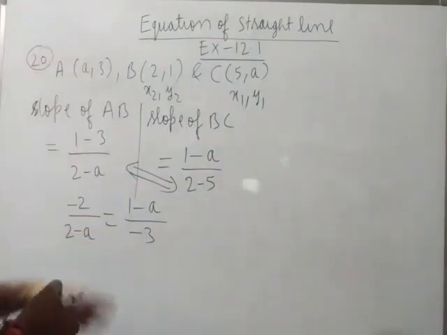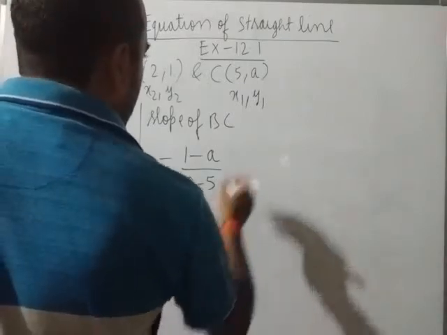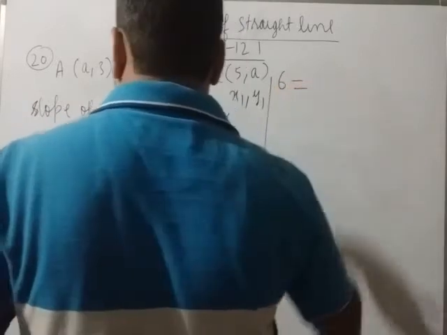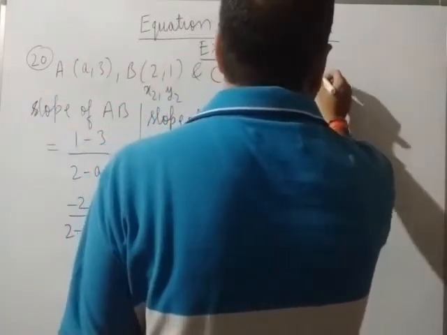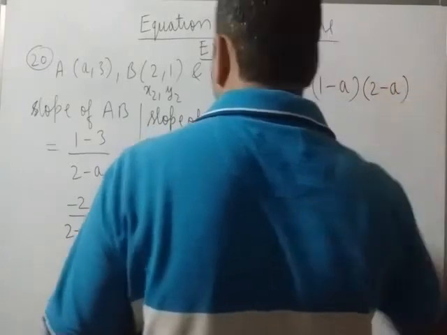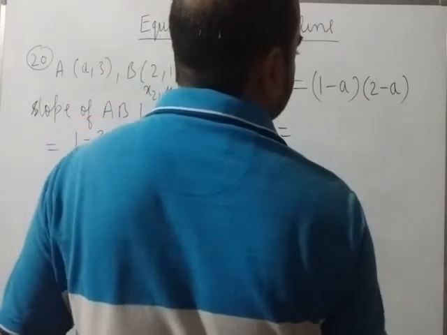Now calculate. Here I am writing cross multiplication: 6 is equal to (1 minus a) into (2 minus a).